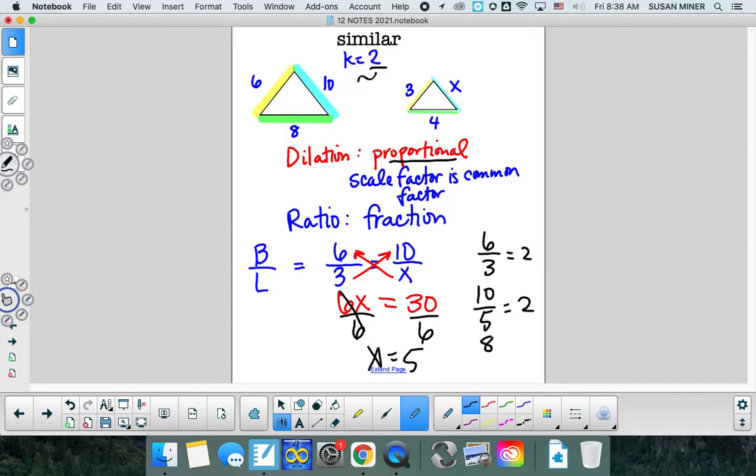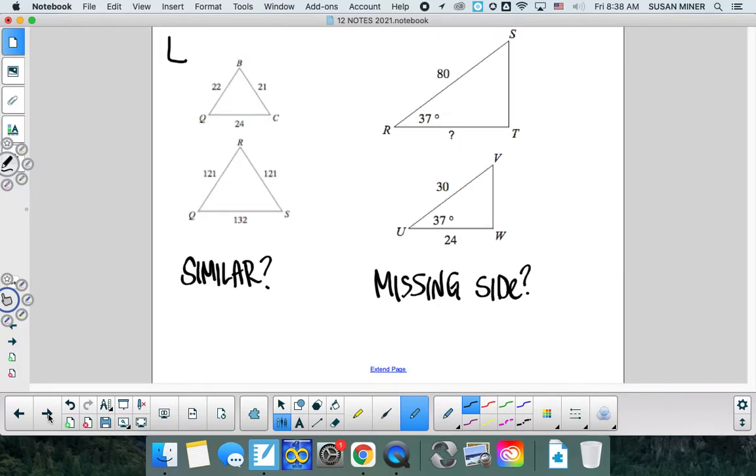And 8 over 4 gives me 2. So this is a proportional shape. And I can tell that it's proportional and that these two are in fact similar because each of the side lengths, when I set up my ratios, give me my scale factor. And so that's what we want to see in order to figure out if they're similar or not.